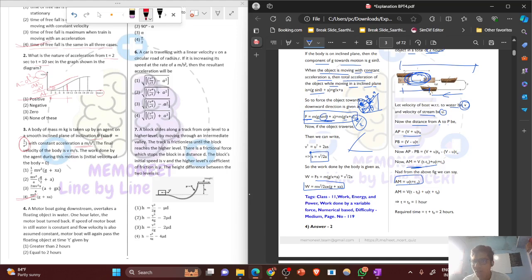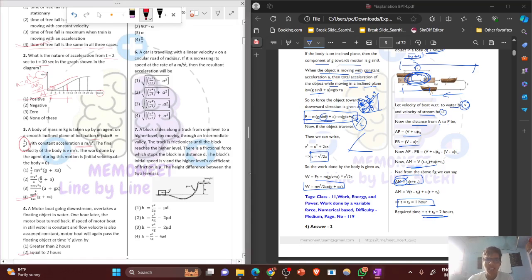From the figure you can calculate it is downstream, so your velocity is V plus U, multiplied by this time, and that will be your distance. Now equating these two, you get t equals t naught, which equals 1 hour. So the total time will be t plus t naught, which equals 2 hours. So your correct answer is 2 hours, which means the second option is correct.